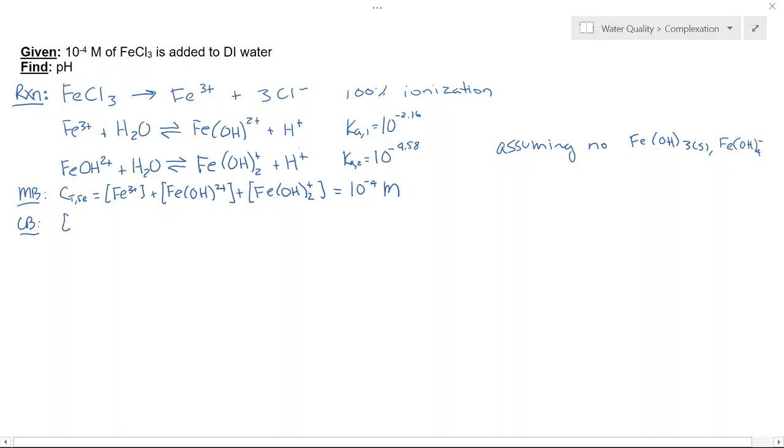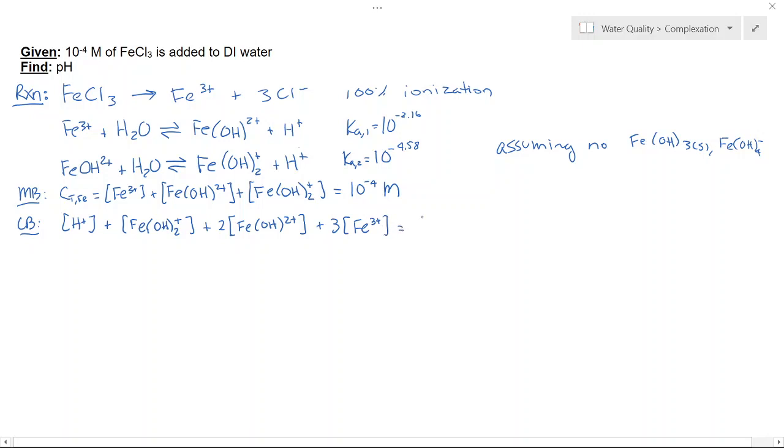Okay, so the next step is to write out the charge balance. And on the positive side, I have hydrogen ion. I have, let's see, I'm going to write out this one next, FeOH2 positive, and that's a positive 1 charge, so we don't need to put a constant in front of that species. And then I have the next complex, which is FeOH2 plus, and then next I have the free ferric ion, which is Fe3 plus.